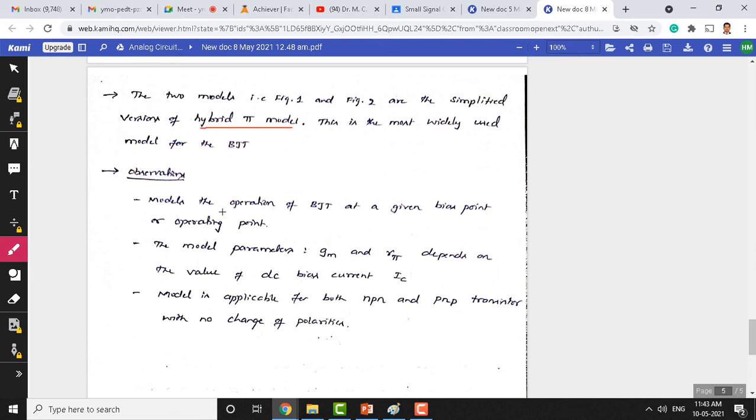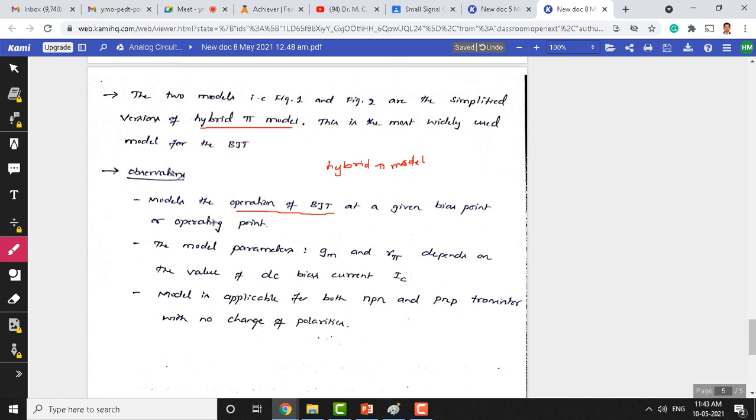Now, let us go for some observations here. The hybrid pi model that we have discussed, both the versions, models the operation of a BJT. The operation of the BJT is exactly the same as the response that we get in the hybrid pi model at a given bias point or operating point.